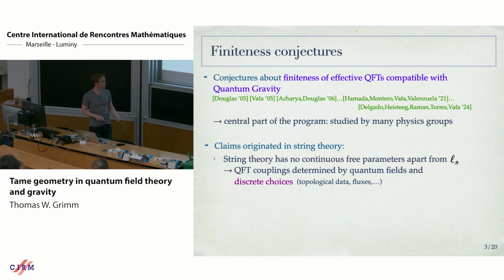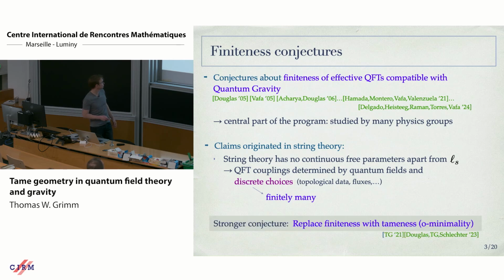These claims originated in string theory, and they come from the fact that in string theory, you essentially have only discrete choices when you want to connect string theory to the real world, to a four-dimensional universe. So the question at the end of the day is, do I have just finitely many choices? Okay, so that motivated these conjectures.